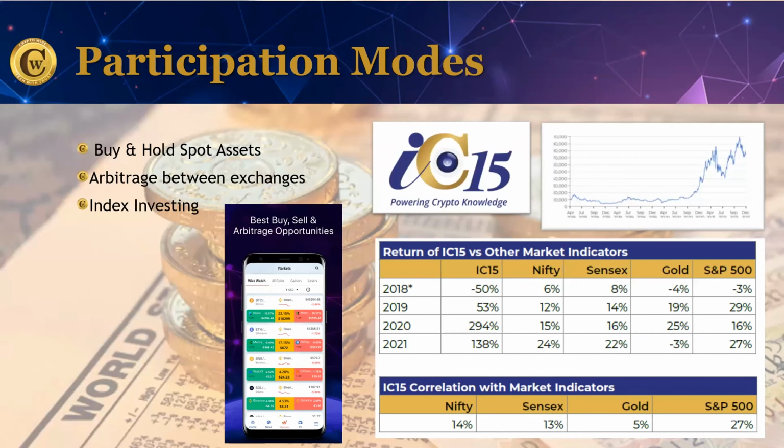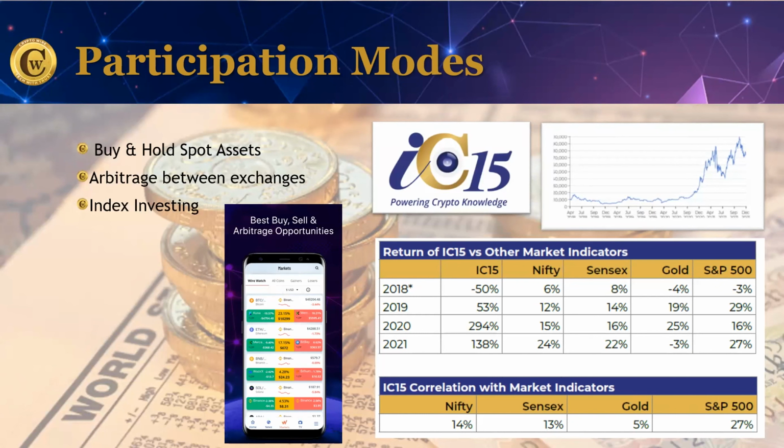You can participate in these markets with strategies like buy and hold of spot assets, where the study of these indicators will help you a lot to understand which cryptocurrencies you can take in a buy and hold strategy. And you can use the arbitrage section of CryptoWire, find very interesting arbitrage opportunities between exchanges from the CryptoWire app, and execute them.